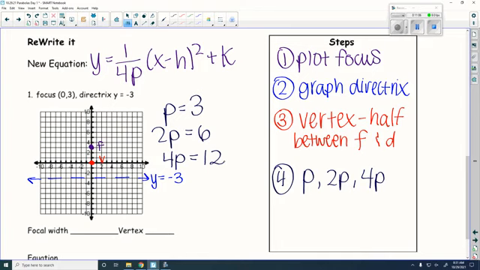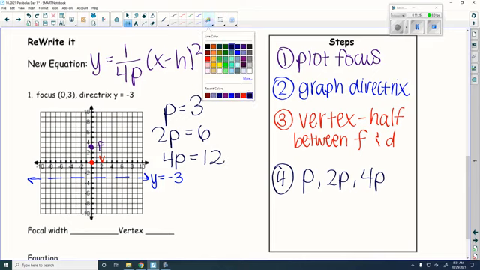All right, why do we do that? Because our next step, and then we're pretty much done, is I told you the total distance on either side of the focus was 4P, right? That big width. So we're going to go 2P on either side of the focus to get 2 points.